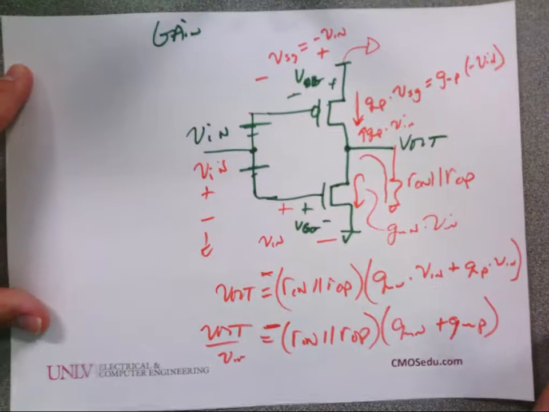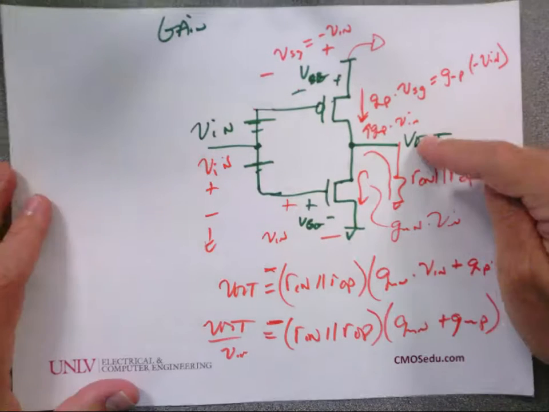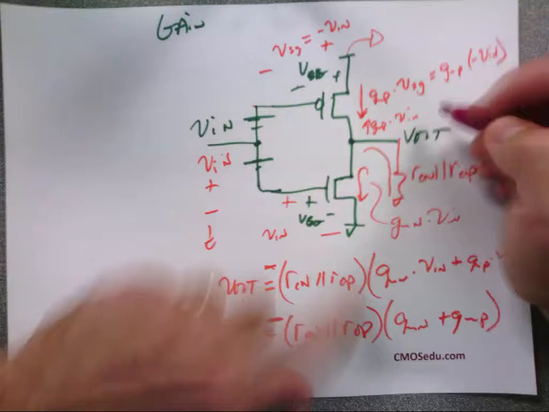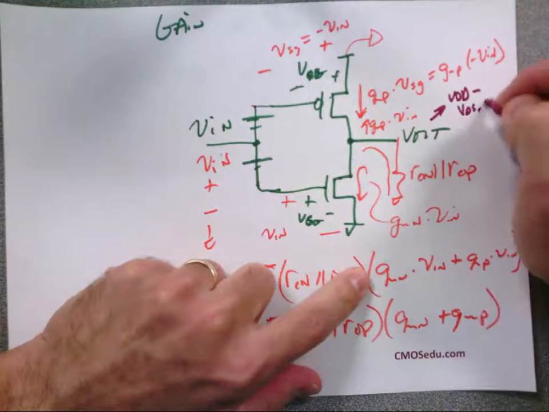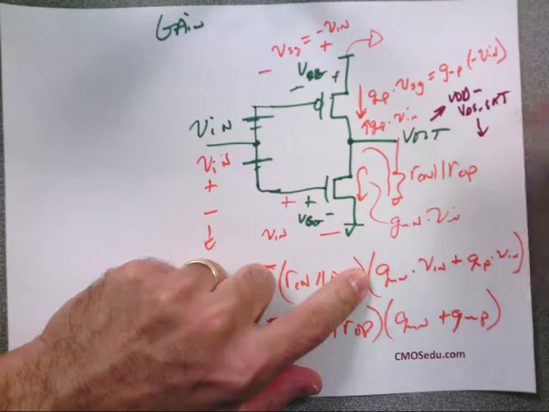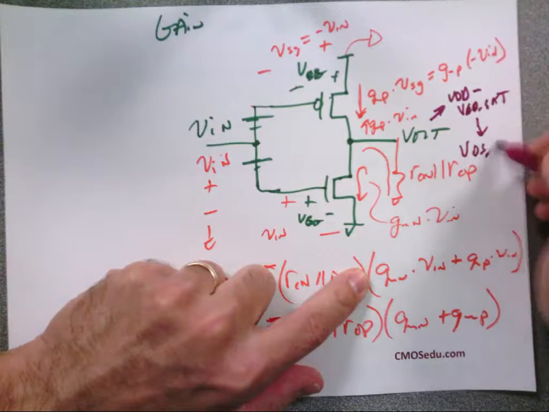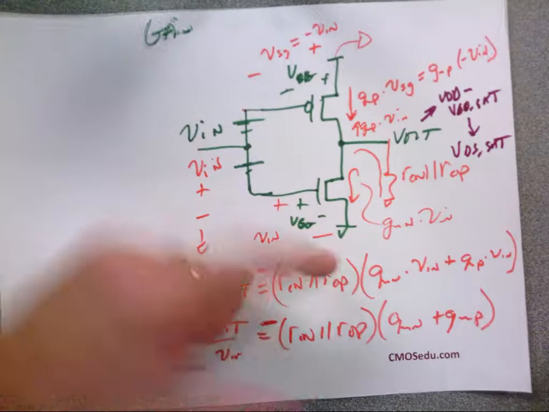Does everybody see? This is called a push-pull amplifier. And it's really useful because what can the output swing up to? And then down to? So almost rail to rail.